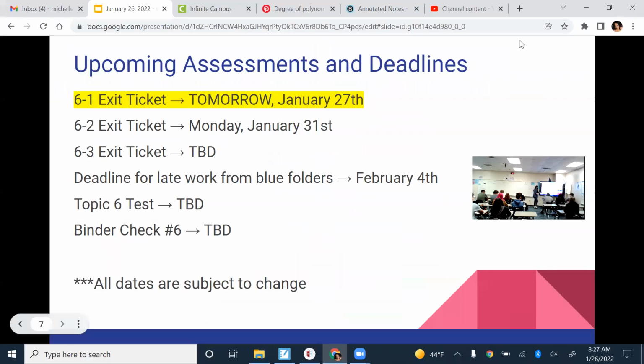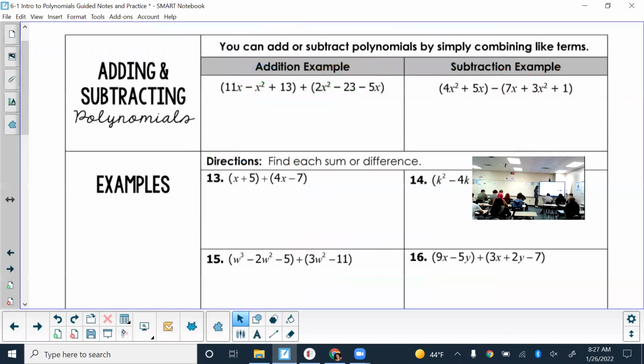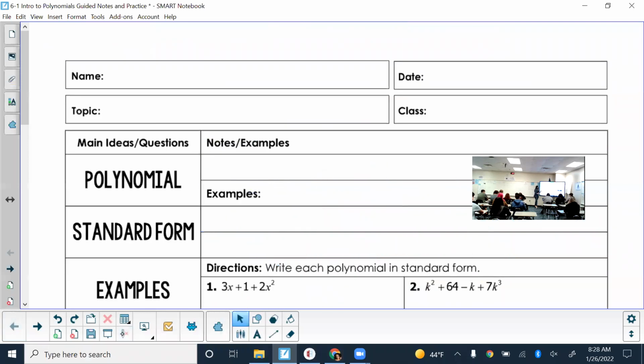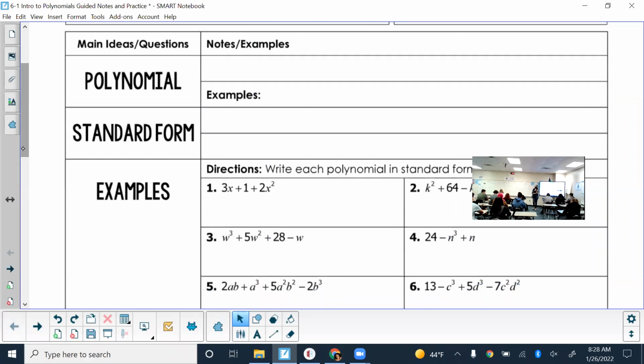All right, so here we're going to take some notes, starting with what is a polynomial. The whole unit's about polynomials. You need to know what they are in order to answer questions about them.